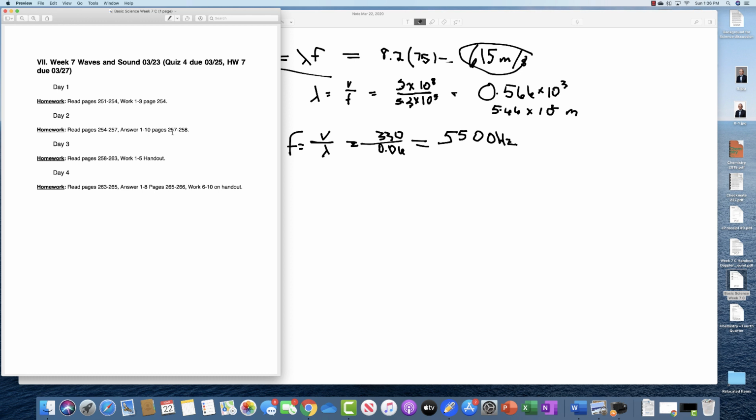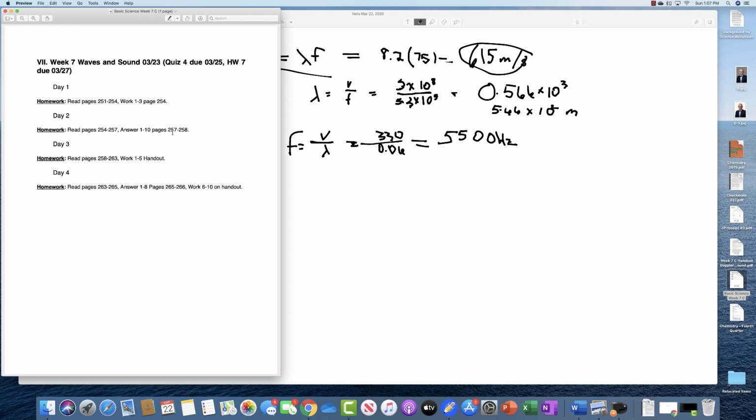Or a better way to find it is on page 251, where it says a wave is a periodic back and forth motion or oscillation. So I'm not going to go through 1 through 10 because you can look those answers up in the text.